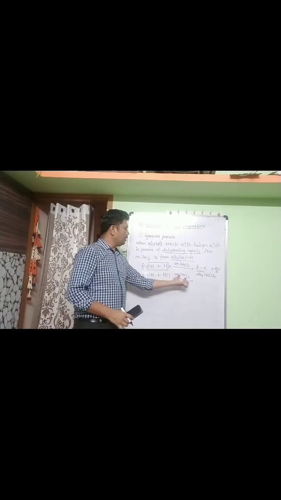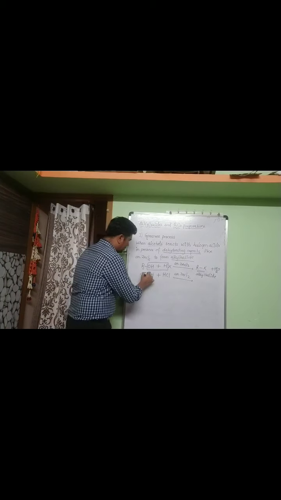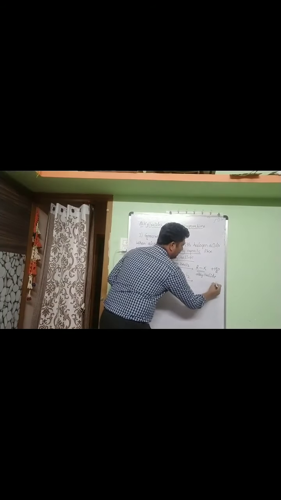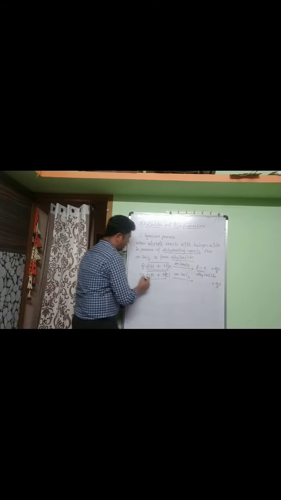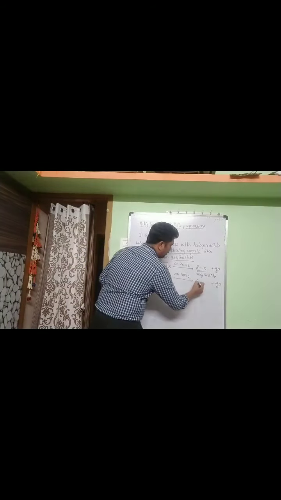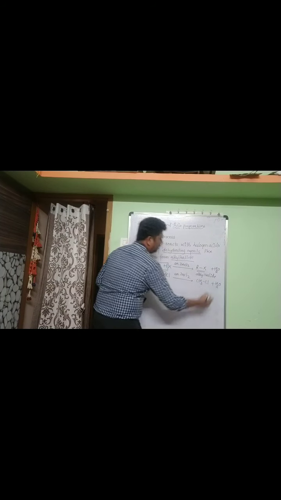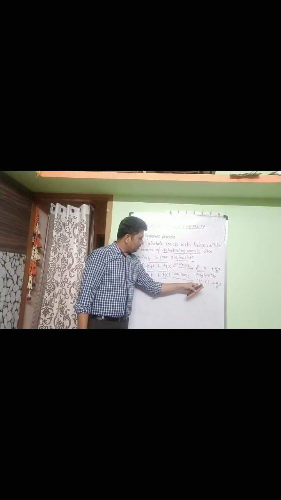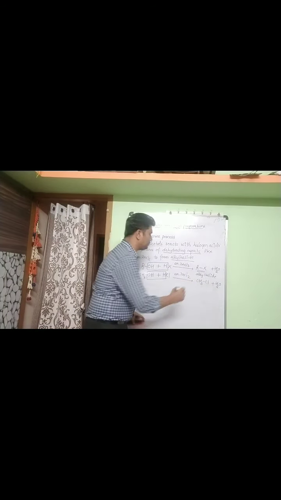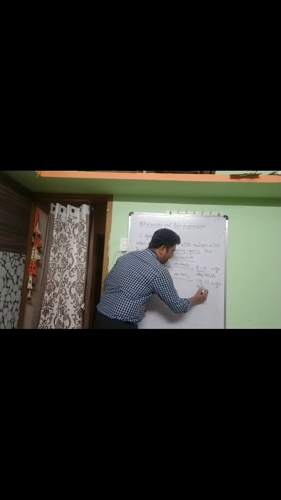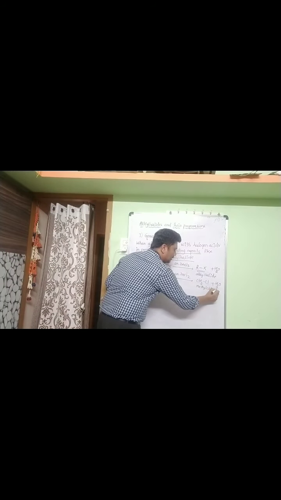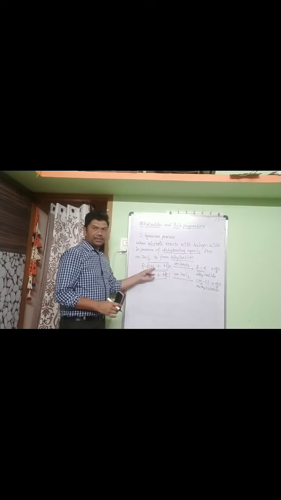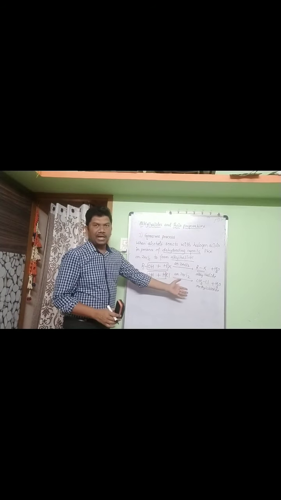As I told, it helps to remove water molecule. See here, this is the water molecule. So this water molecule gets separated and the remaining is CH3Cl. And CH3Cl is known as alkyl halide, that is methyl chloride is the alkyl halide. Statement, general representation, and this is one example I have taken.